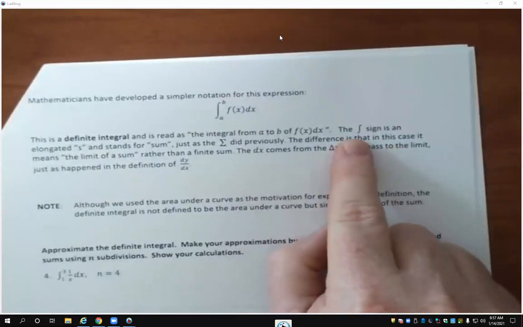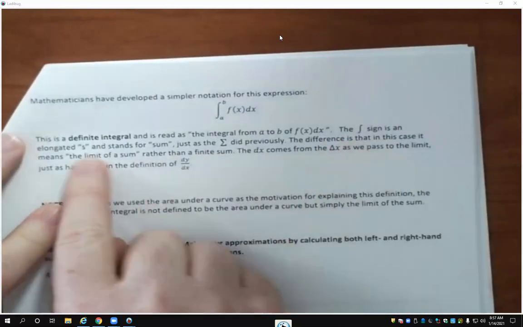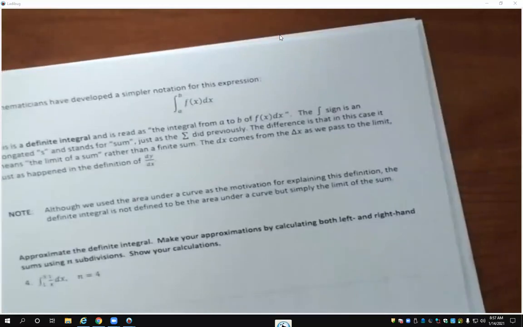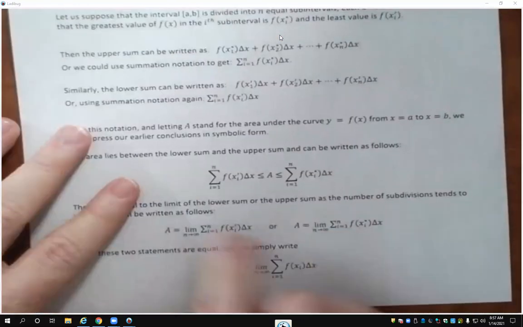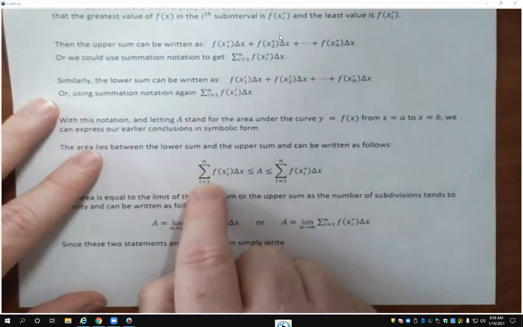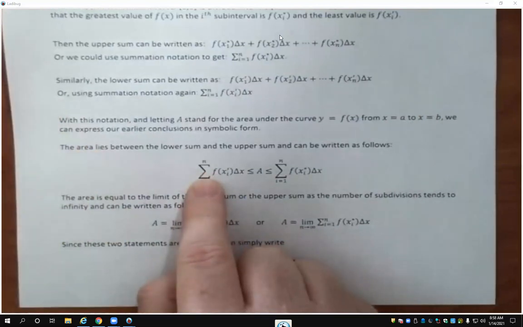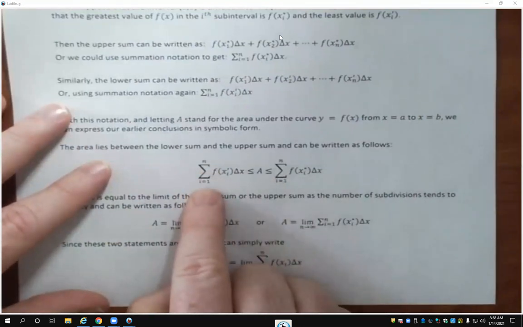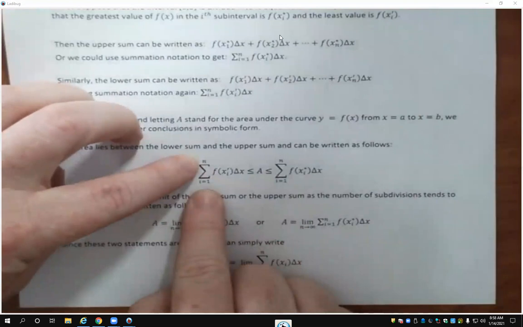The integral symbol is an elongated S and stands for sum. If you remember back in pre-calc, you guys used this a little bit in sequences and series. They talk about this meaning a sum, and you have a lower limit, and then the number up here would be your upper limit.